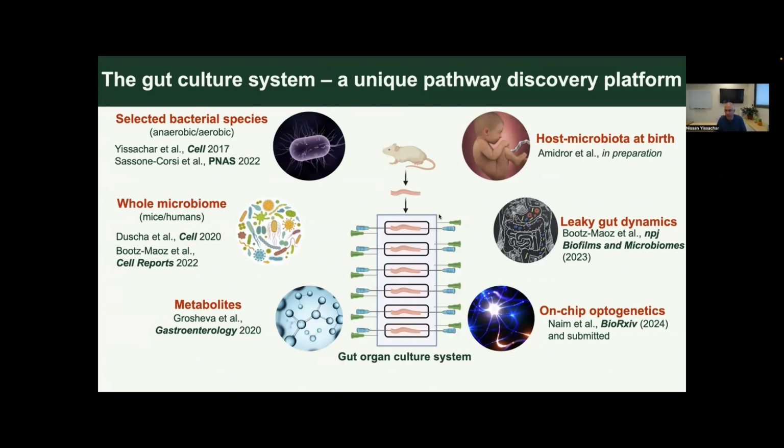If you are interested in learning more about our recent developments, you can look online at this preprint, in which we showed how we can utilize this system to investigate the neuronal and neuroimmune interactions that take place in the gut and how these are affected by the gut microbiome.